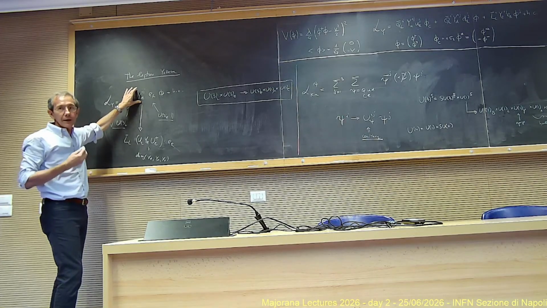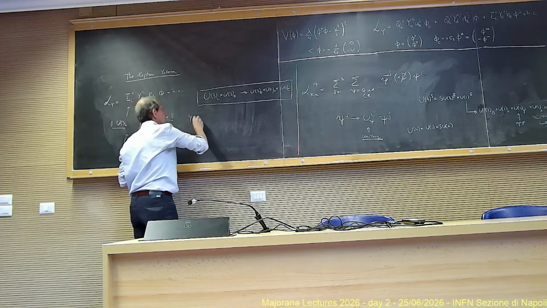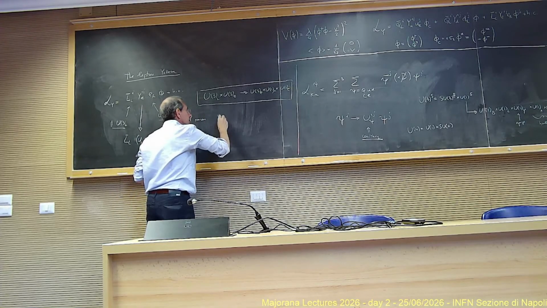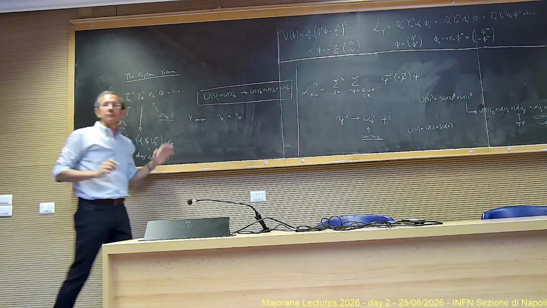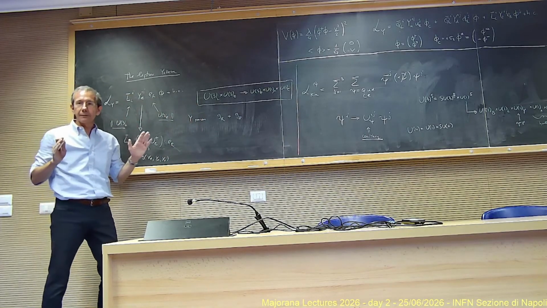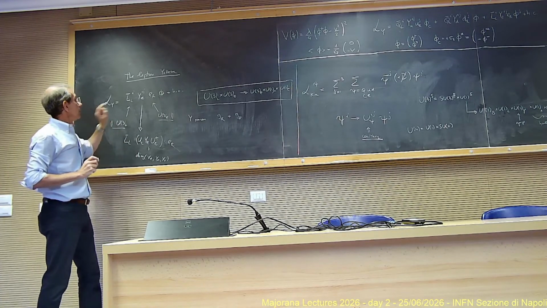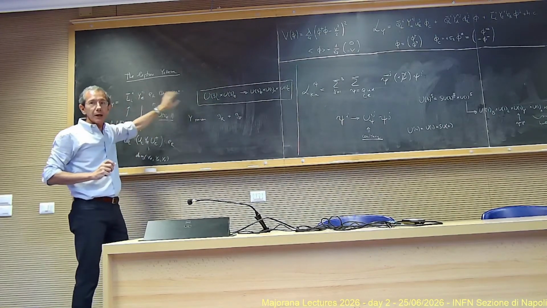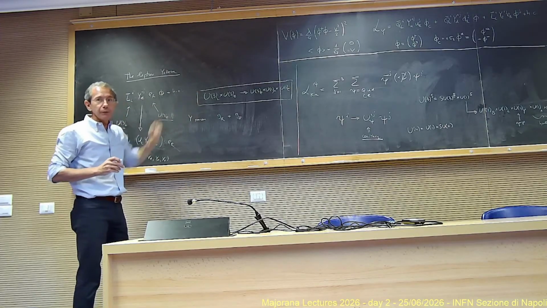So a priori, how many parameters are in the Yukawa? The Yukawa is a complex 3x3 matrix. So Yukawa parameters in general will be 9 real numbers plus 9 imaginary phases, because it's a complex 3x3 matrix, right? How many generators did my global symmetry have before putting the Yukawa?